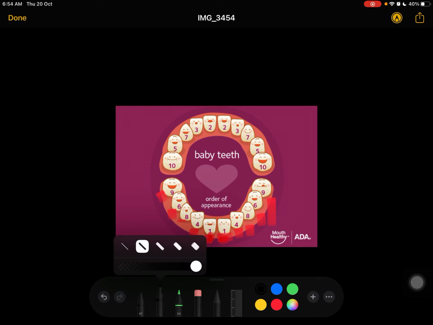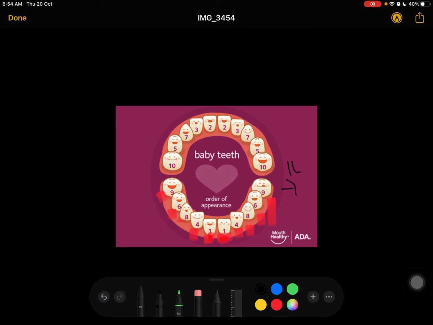So this is what I said, that there will be 10 teeth in the lower jaw, right? Now when we talk about the upper jaw, 1, 2, 3, 4, 5, 6, 7, 8, 9, 10. So again there are 10 teeth in the upper jaw. So 10 plus 10 is equal to 20.